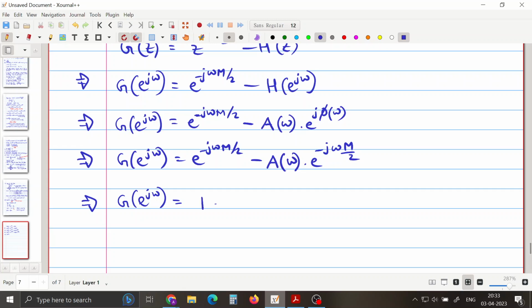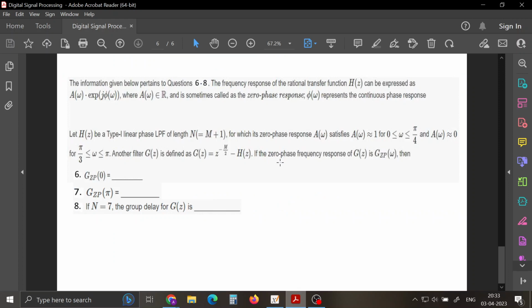So clearly this is of the form, alright. Now in the question it was mentioned that the zero phase frequency response for g of z is gzp of omega. So this a of omega term, if you express in this form, for g of z is gzp of omega.